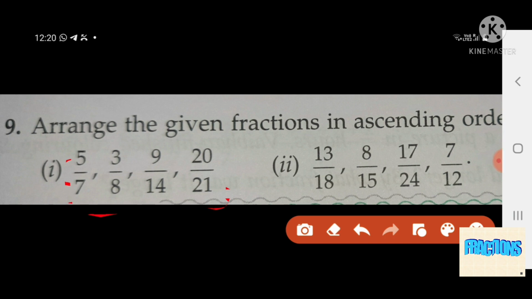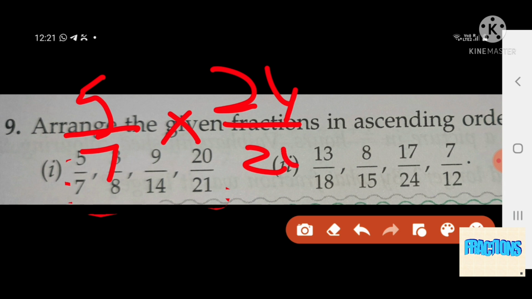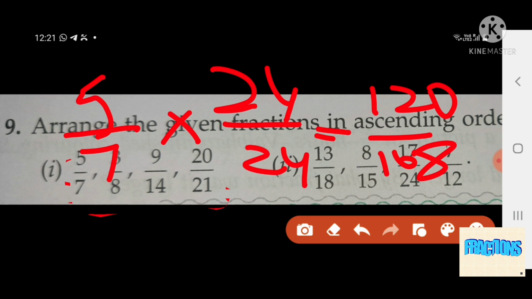We will multiply 5 upon 7 into 24 upon 24 equal to 168 for this, and for the upper one it's 120. Now let's remove this.